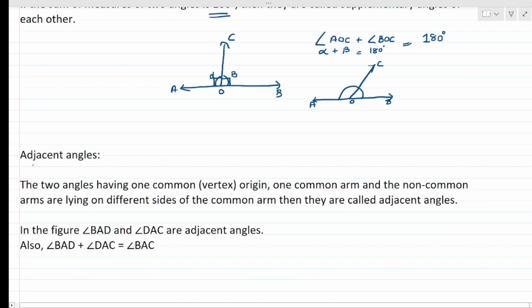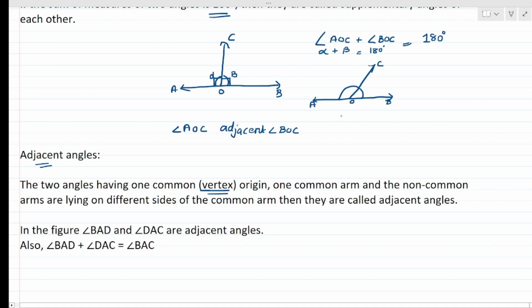Adjacent angles. Adjacent angles means two angles having one common vertex, the origin. Both of these can be considered as adjacent angles. How so? You can consider angle AOC is adjacent to angle BOC, because we have the common arm OC.